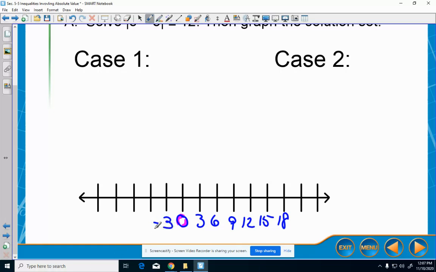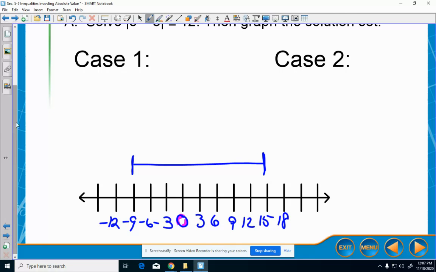And then on this side, -3, -6, -9, -12. All right. We just said values from 15 all the way down to -9, and we think all the things in between them are going to work. We think. That's what it sounds like, right?